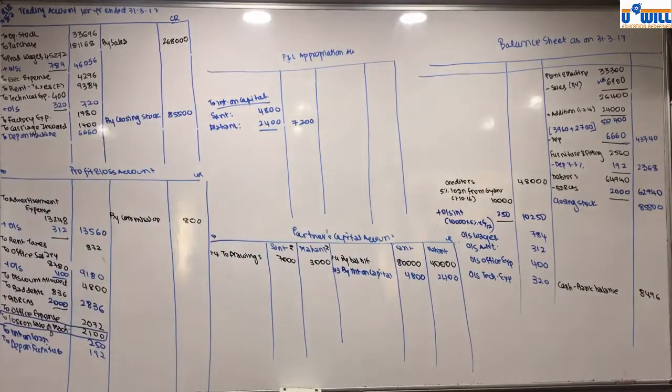That's it. Start closing it. Profit sharing ratio is 3:2. 32978. Yes.